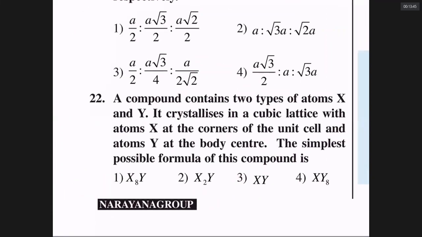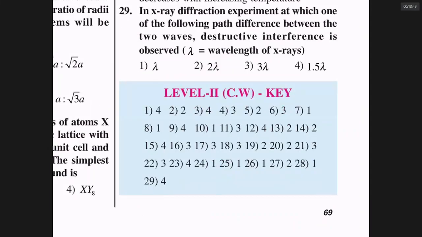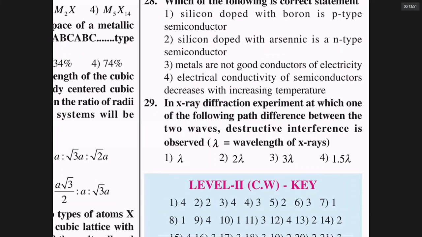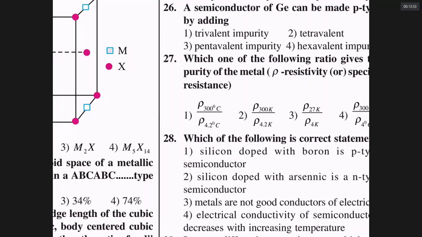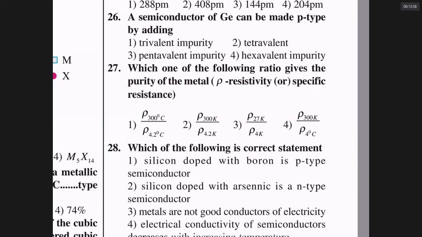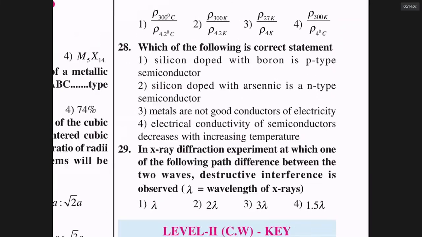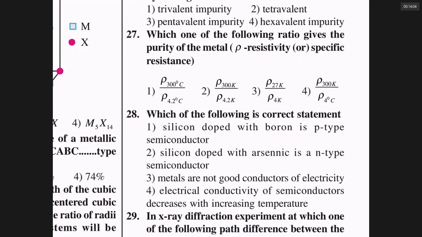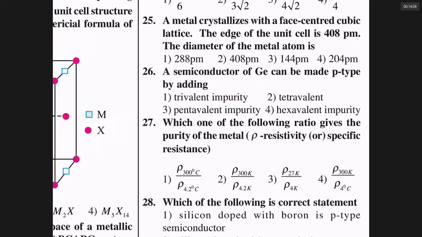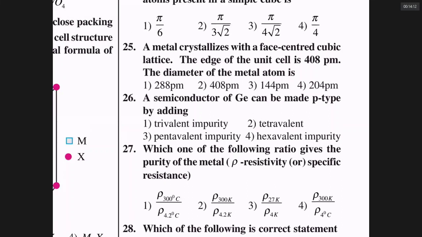Page 69. Don't bother to do X-ray diffraction and all; X-ray diffraction is not there. No need to do question number 29, 28, 27. They are out of portion. Question 26, the semiconductor germanium made p-type, is not known to you.